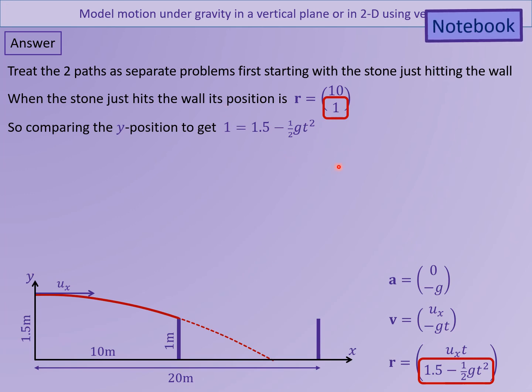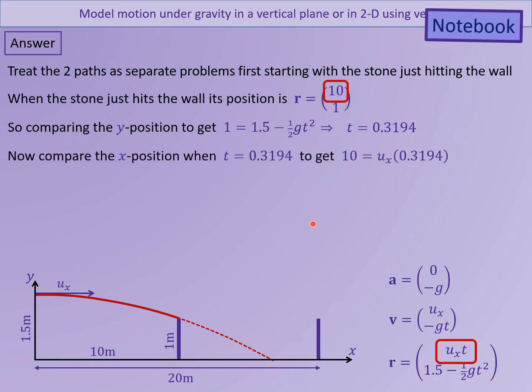I can solve this then and get t equals 0.32 seconds. Sorry, not meters per second, 0.32 seconds. At 0.32 seconds, what would be the initial velocity? But you know that u_x, velocity in the x direction times time, has got to be equal to 10.